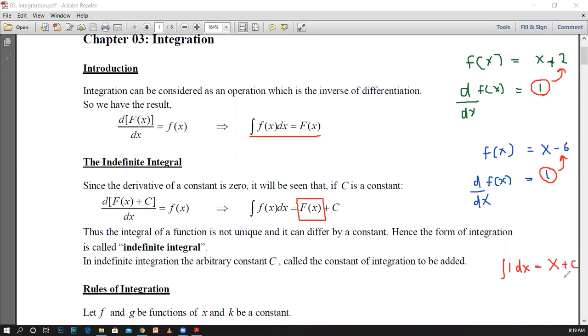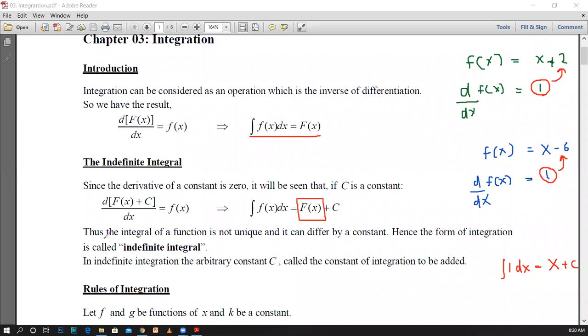This constant can have any value. Therefore, in general, we say it is a constant c, and according to the first example, c would be plus 2. According to the second example, it would be minus 6. This is why we use the constant c in the indefinite integral.